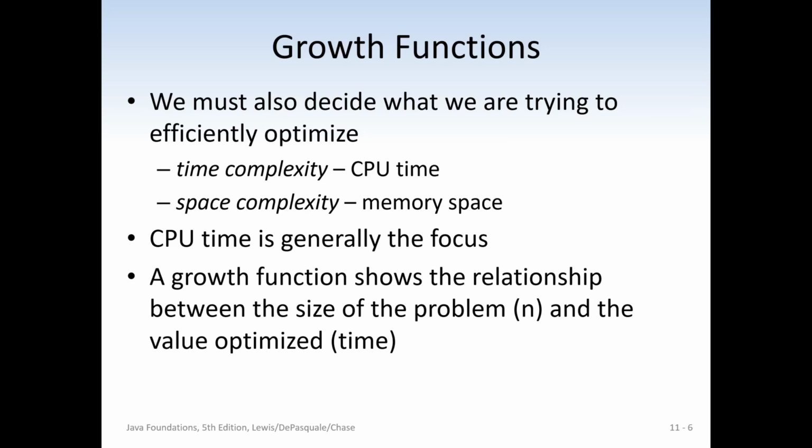All right, the other thing that we need to look at is the growth function. What are we trying to efficiently optimize? We could look at different things, actually. We could look at time complexity, which is how much CPU time it takes to solve a problem. We could look at space complexity, which is how much memory space it requires to solve a problem.